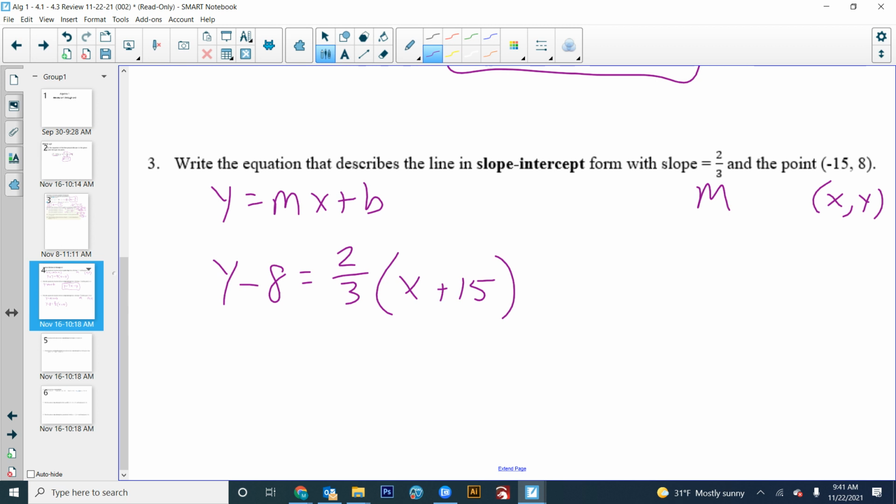Guys, you're going to have to do this a lot tomorrow. You're going to have to put in a slope and a point in point slope formula. Okay, Liv, what do I do? Distribute 2/3. That's beautiful.